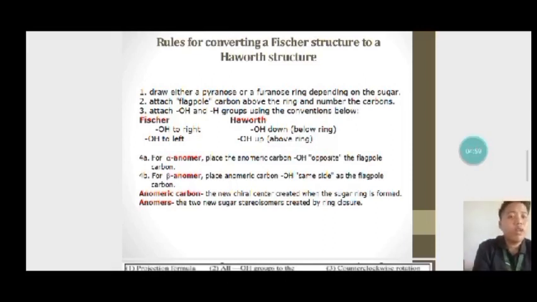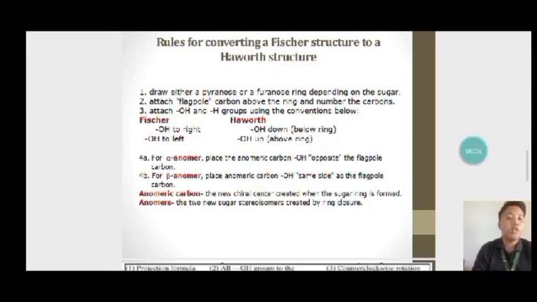So, for the 4B, B anomer, place anomeric carbon OH same side as the flagpole carbon. So, ato siyang ibutang sa same side sa atong flagpole carbon. So, the next one is the anomeric carbon, the new chiral center created when the sugar ring is formed.